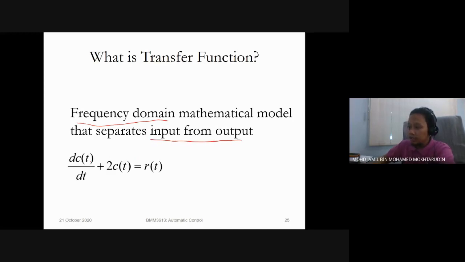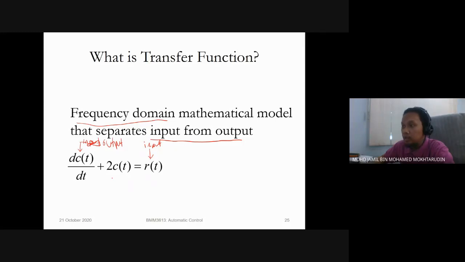So let's say here you have the input. C is the output, and R is the input. In your control system, you can describe the system by using the output and input with a differential equation.